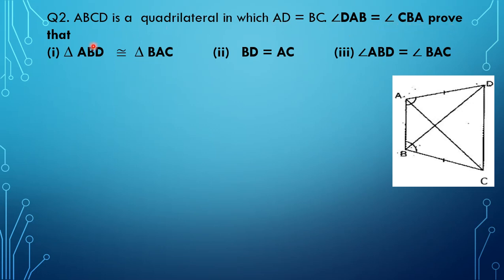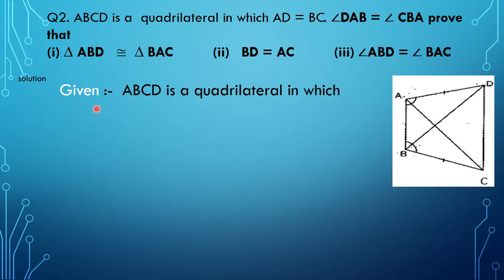Prove that, first, triangle ABD is congruent to triangle BAC; second, BD is equal to AC, that is, the diagonals are equal; and third, angle ABD is equal to angle BAC. So let's start the solution of this problem.